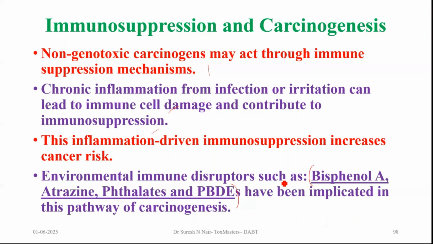So some effect will be there in the case of DNA, but they will not produce any genotoxicity or mutational effect. But bisphenol, atrazine, and phthalates are capable of modifying certain things. The phthalates and bisphenol we have already seen, by affecting microRNA, can produce tumors.